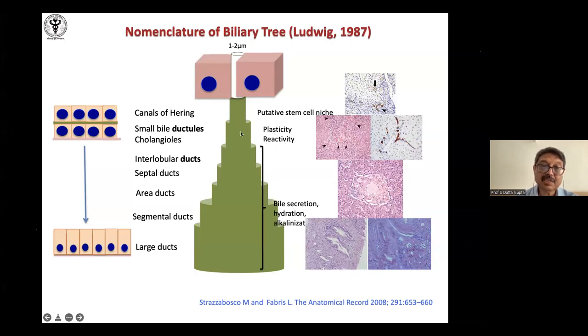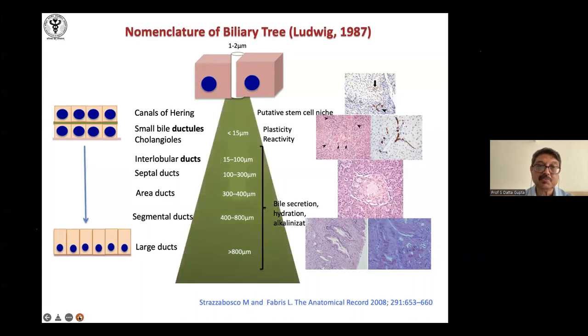And then, of course, the bile ducts gradually increase in size. 15 microns is the size of, say, a neutrophil. From that size, they are the small bile ductules or cholangioles. Then they increase to interlobular ducts, which you can usually see very easily, then septal ducts, area ducts, and large ducts. Okay, so that's how the biliary duct is seen in the portal tract.